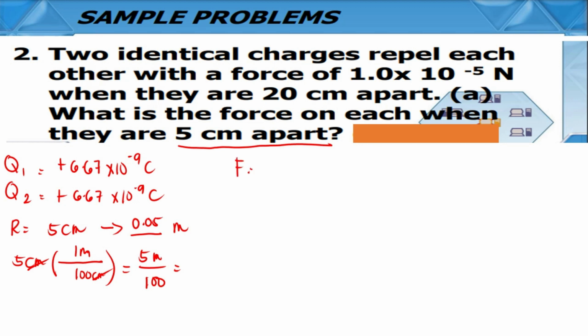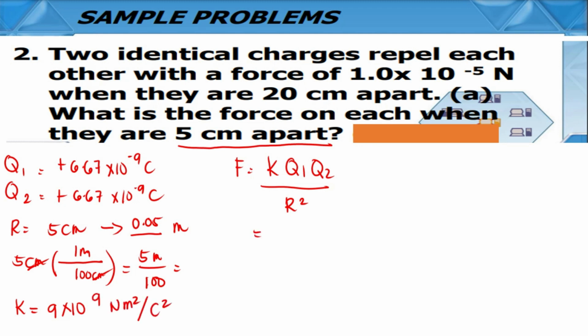So F is equal to K Q1 Q2 over R squared. And don't forget our K constant value, which is 9 times 10 raised to 9 newton meter squared per coulomb squared. So substitute, we have 9 times 10 raised to 9 newton meter squared per coulomb squared.